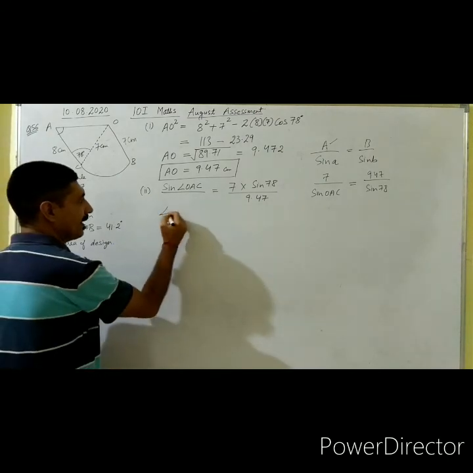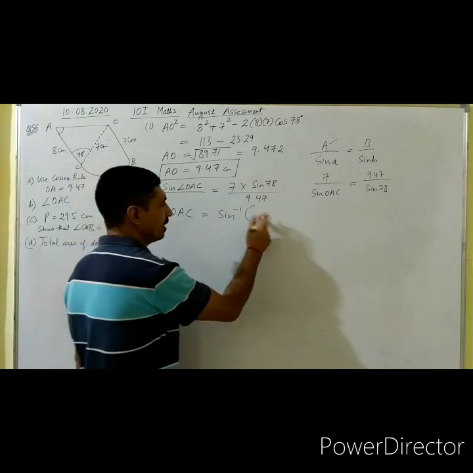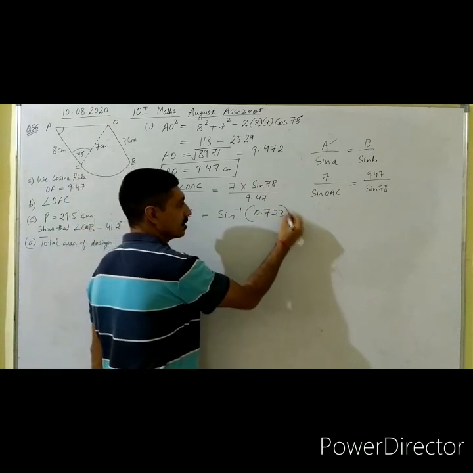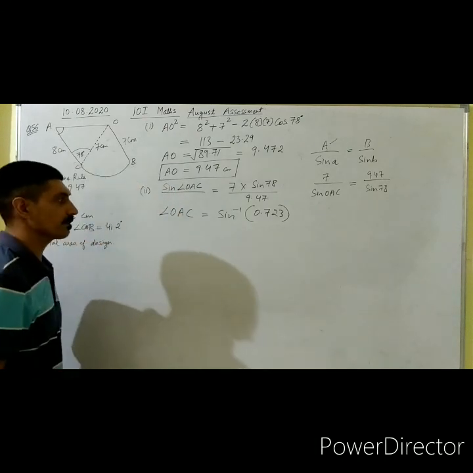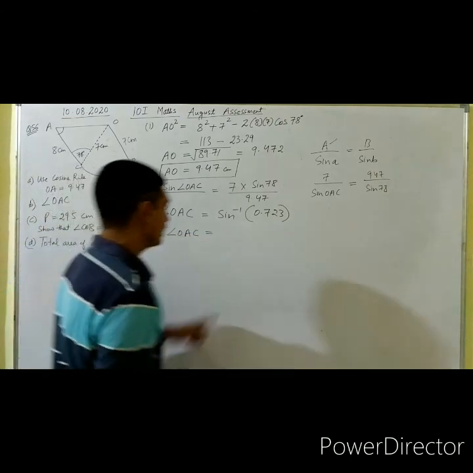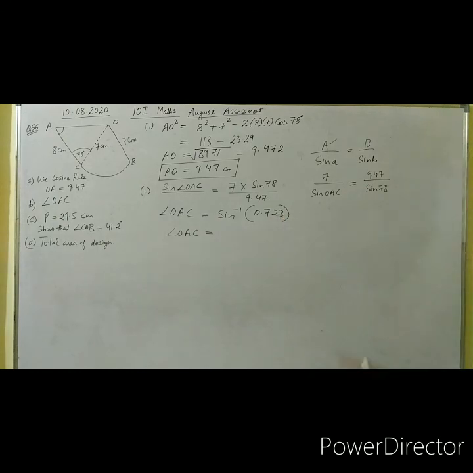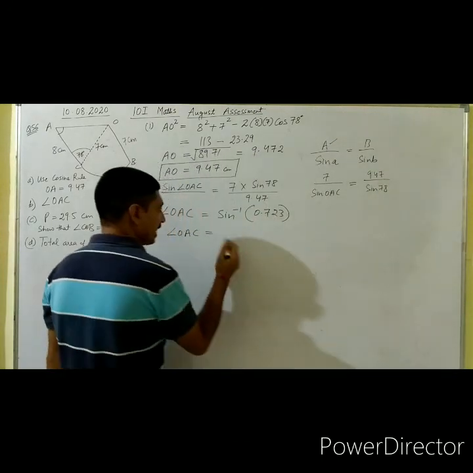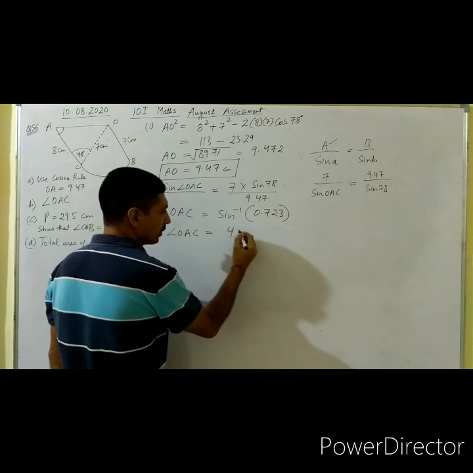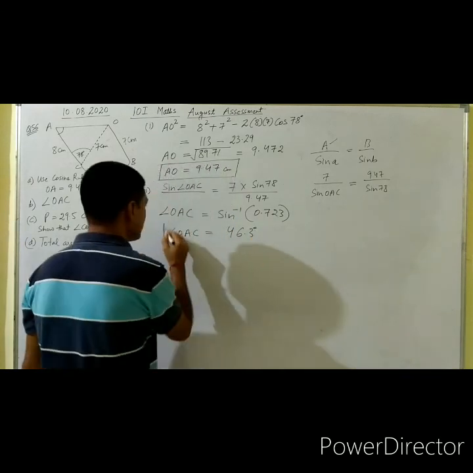So here the angle OAC is sine inverse of, after solving we will get the value 0.723. The OAC angle is sine inverse of 0.723. So getting the value, this angle is 46.3 degree, right? This is the second part.